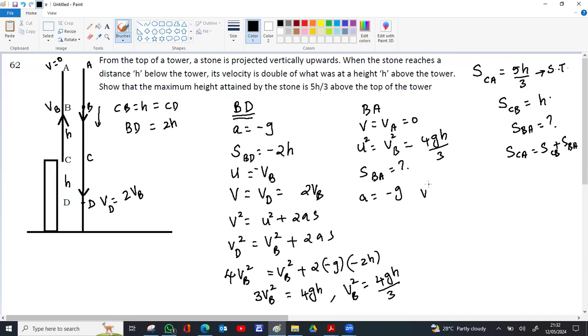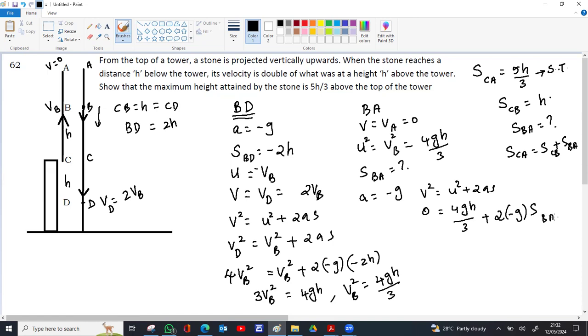Using v square equals u square plus 2as, 0 equals 4gh by 3 plus 2 into minus g into s, where the displacement is what we are finding.